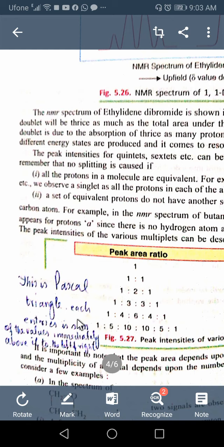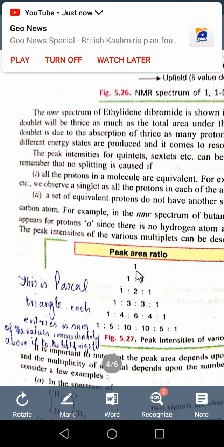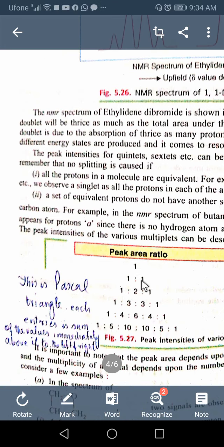Each entry is the sum of the values immediately above it to the left and right. If a single peak is present, this is written as 1. If a doublet is present, its height will be decreased compared to the singlet and it will be divided into 2. It will give a 1 to 1 ratio, that is a doublet.